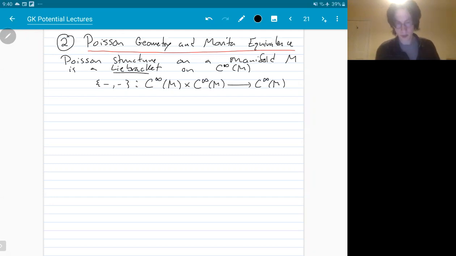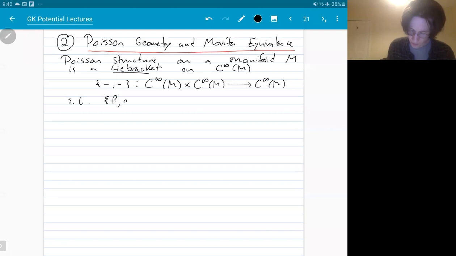So it's skew symmetric, satisfies the Jacobi identity, but it satisfies one extra condition, which is a compatibility with the product of functions and the Poisson bracket, which is the Leibniz condition. So it's that the bracket of f with g times h is the bracket of f and g times h plus g times the bracket of f and h.